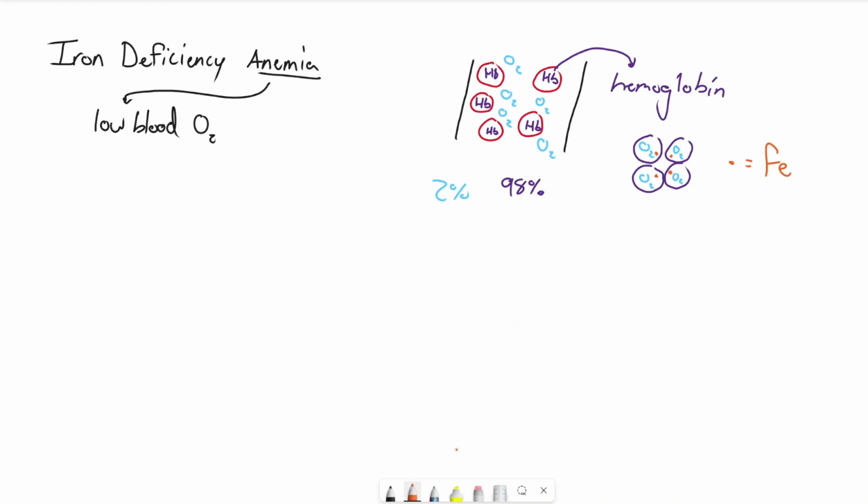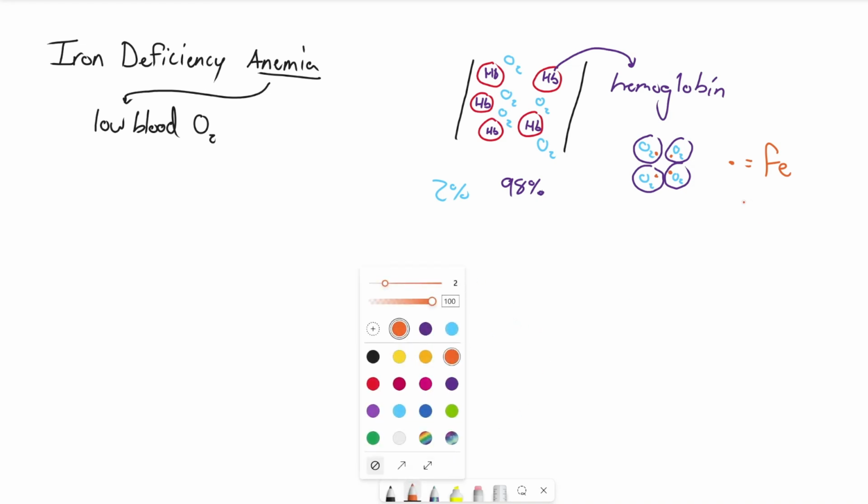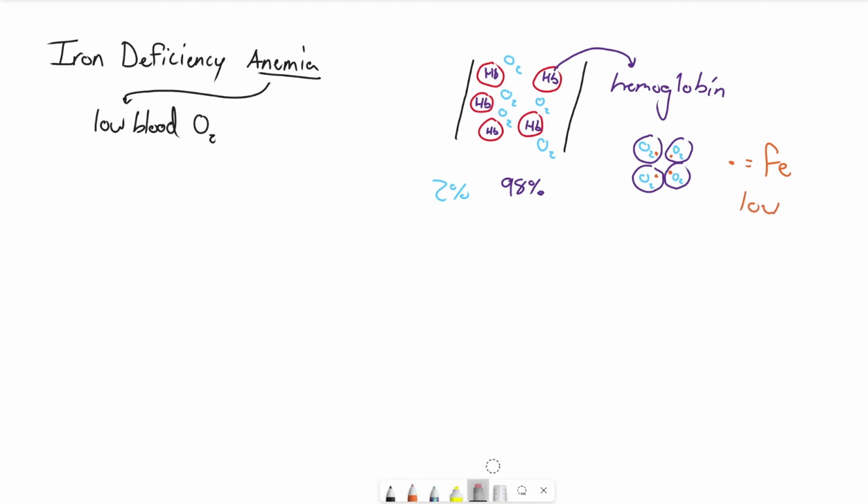Now, we lose around 1 to 2 milligrams of iron a day. So we need to eat 1 to 2 milligrams of iron a day in order to keep our stores of iron roughly equal, right?